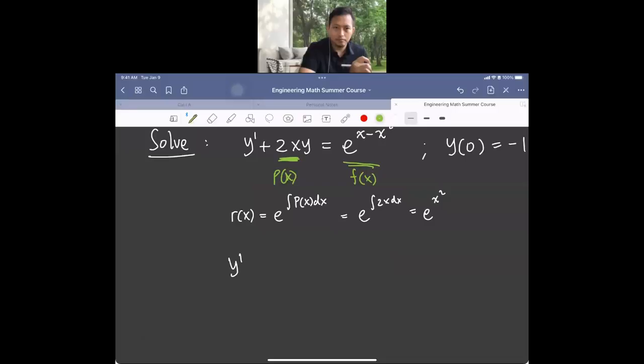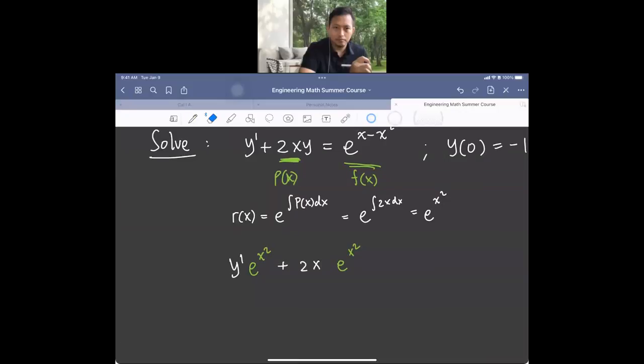So y prime multiplied with e to the x squared, plus 2xy multiplied with e to the x squared, equal e to the x minus x squared multiplied with e to the x squared. So you see that it cancels, right?